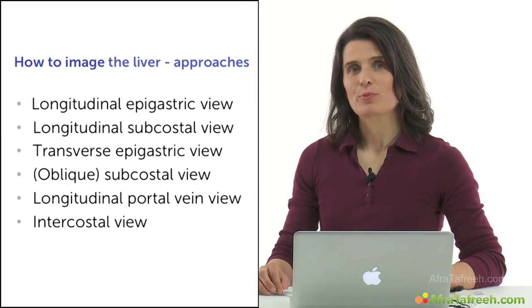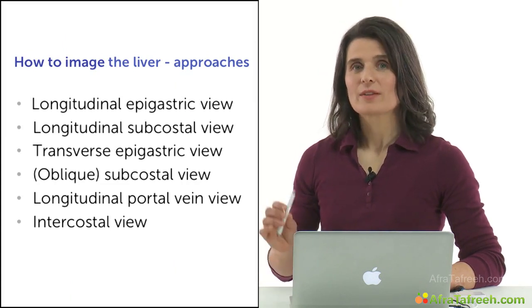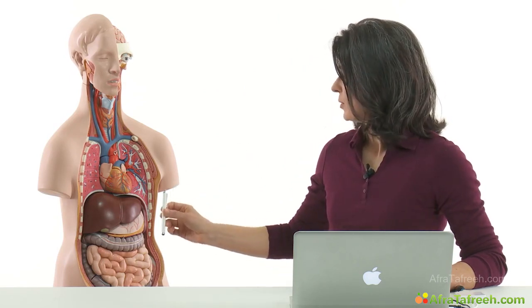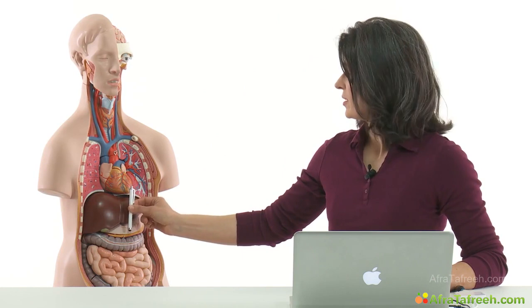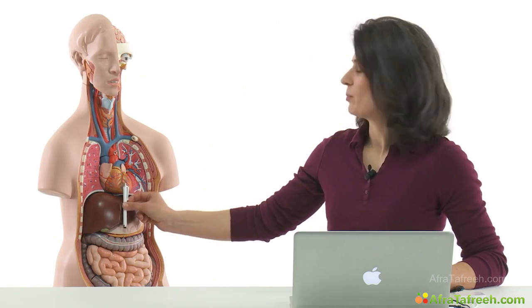Now I'm going to give you a short overview of the different approaches in liver sonography. We got 2 longitudinal views and start with the longitudinal epigastric view, where we place the transducer in a longitudinal position in the midline of the patient.